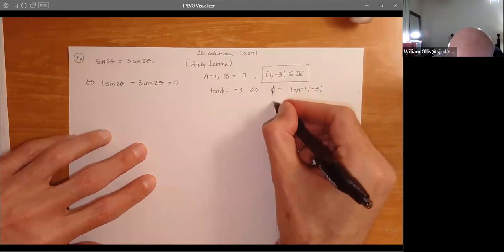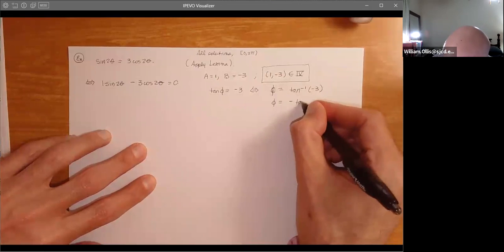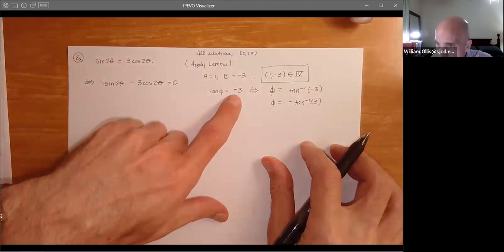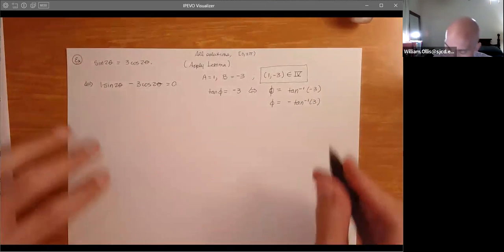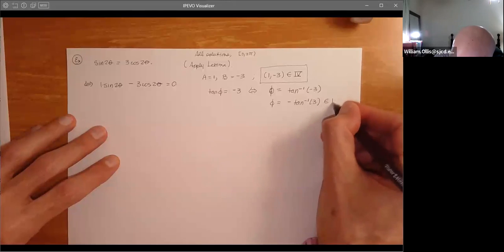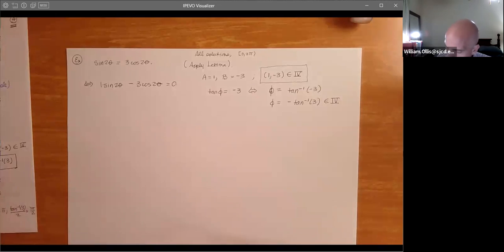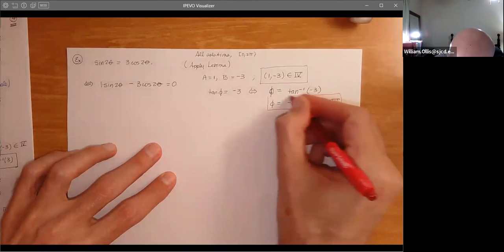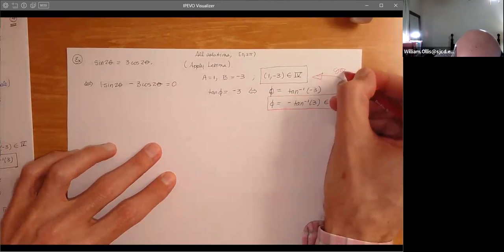But of course, this will be phi equals the negative inverse tangent of 3, because it's an odd function. Of course, this is a negative value, so we know this is below the x-axis in the fourth quadrant. So we can set phi equal to this without a problem, because they correspond. So this is good.